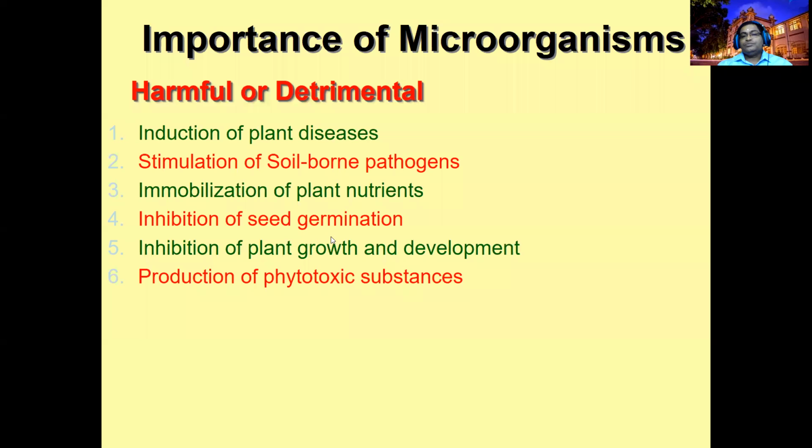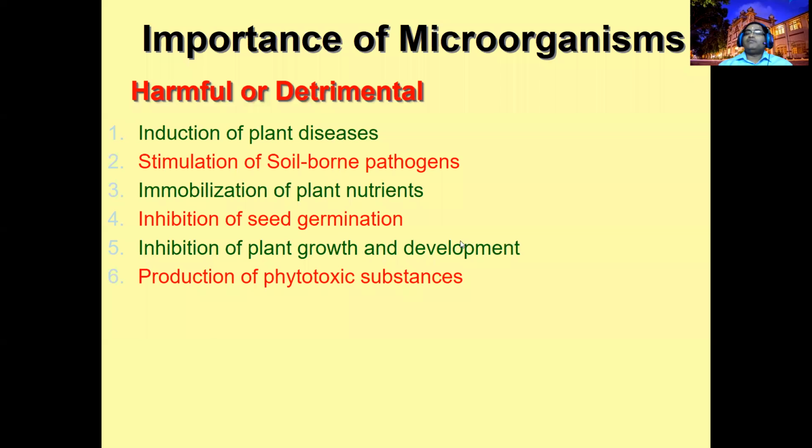Inhibition of the seed germination. Many organisms inhibit the seed, that's what we call plant pathogens. They inhibit the seed germination. So we have to treat that with the microorganism, or at the seedling planting time you will treat with Captan and Thiram, certain soil treatment chemicals.